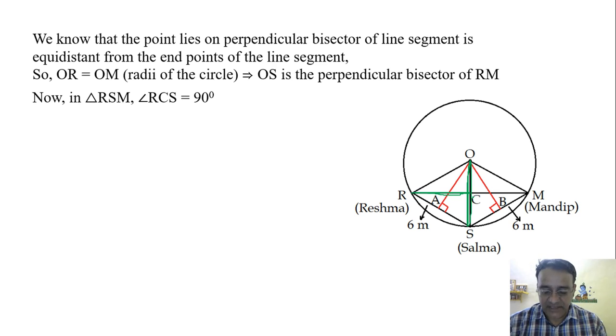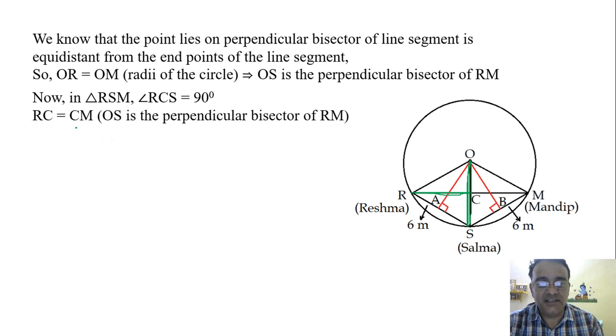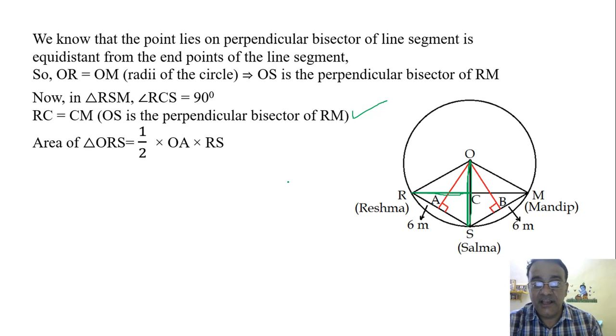Right. So in triangle RSM, angle RCS is equal to 90 degrees. So RC is equal to CM because OS is the perpendicular bisector of RM. Now the area of triangle ORS is half into OA into RS.